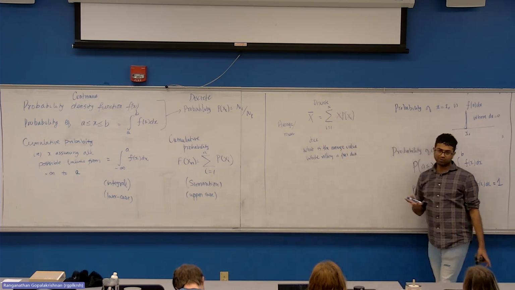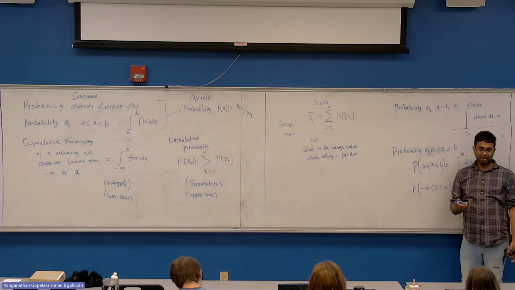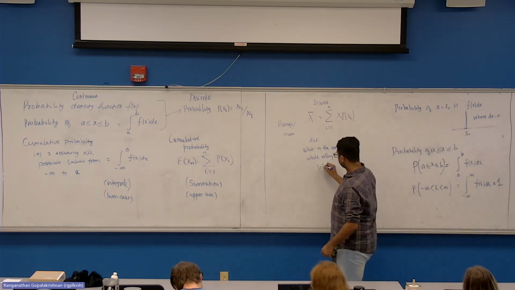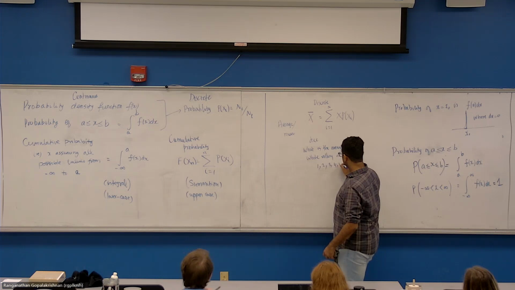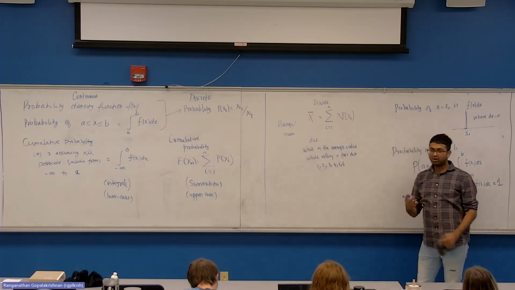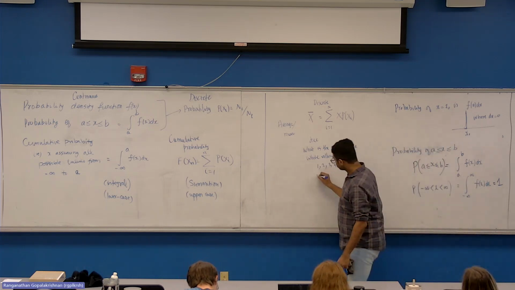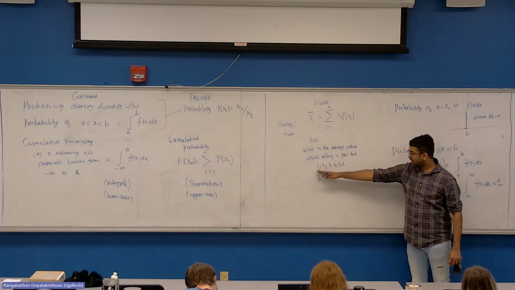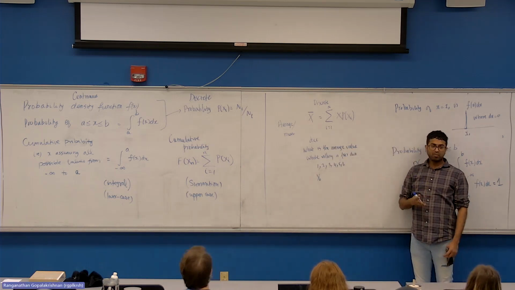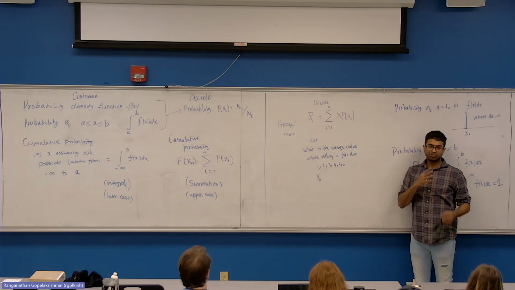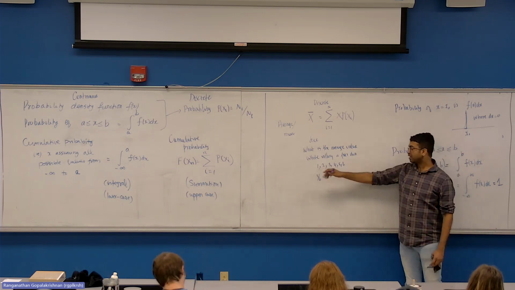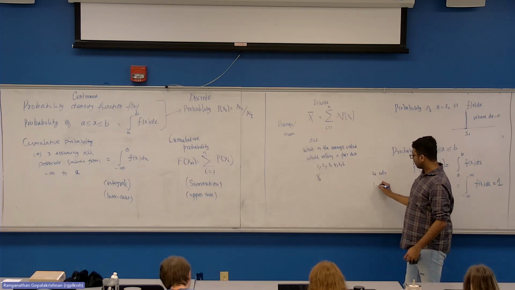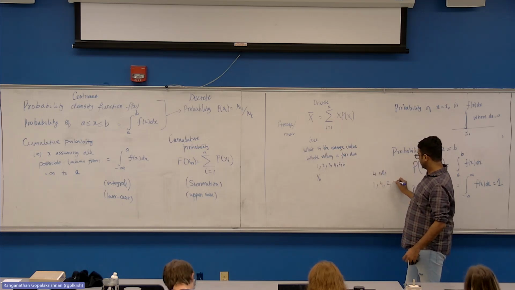What are the possible values? You tell me when you roll a dice. 1, 2, 3, 4, 5, 6. Okay, it has to be either of these. And they all have equal probability, 1/6. So the chance of getting a 1 or a 6 is the same. But what is the average value of the throw? Suppose you did, let's say, four rolls. You get 1, 4, 2, 6.